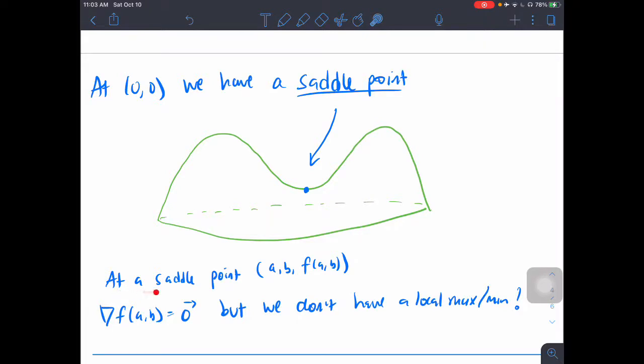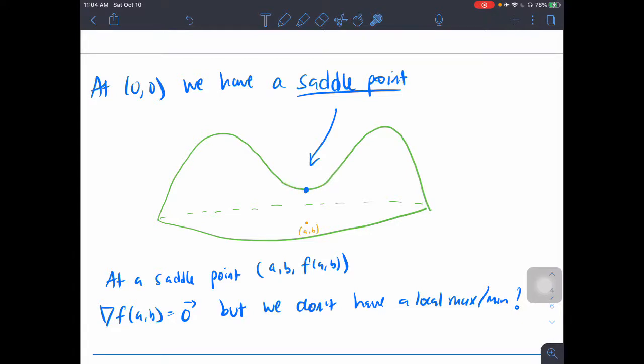At a saddle point, your gradient will still be 0 there, but we have neither a local max nor a local min, because if I consider, let's say this is my point (a, b) here, if it was a local max, that means that for all other z values associated to the points around (a, b), this one should have the highest z value, but it doesn't because there's more over here, right?